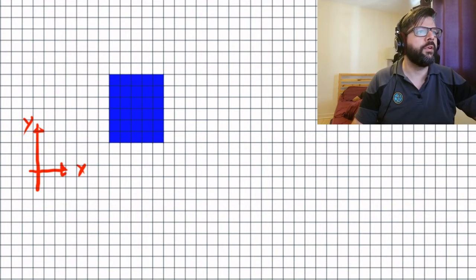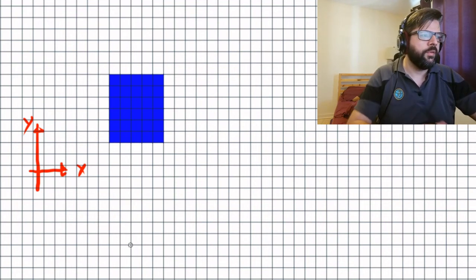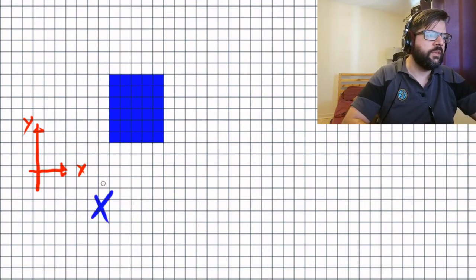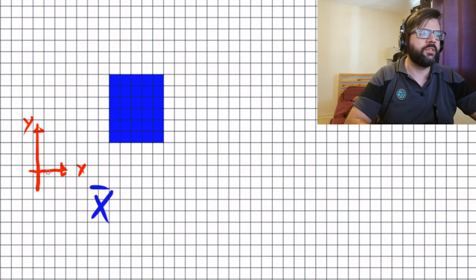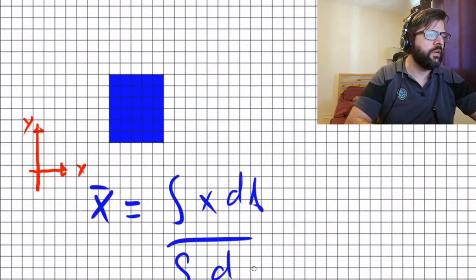Now, the way we would go about it, for the calculation of x bar, the location of the centroid in the x-axis, would be done by taking the integral of x dA divided by the integral of dA over the area.